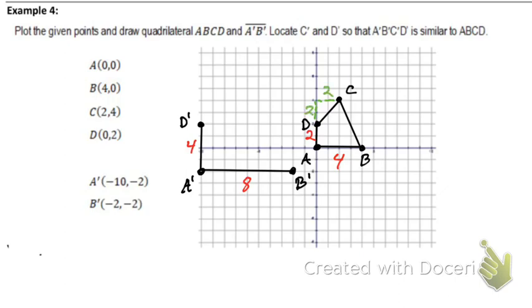Well, that means to get from D prime to C prime, I'm going to go up 4, over 4. And that is going to be my C prime, and now we can connect them.